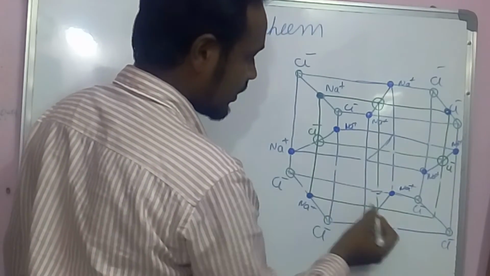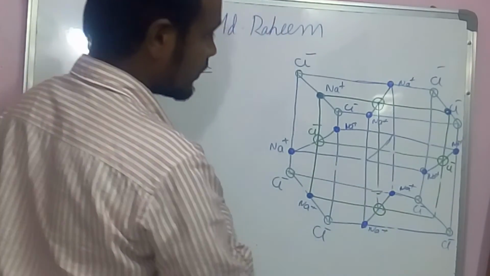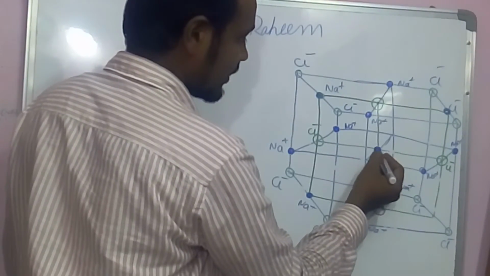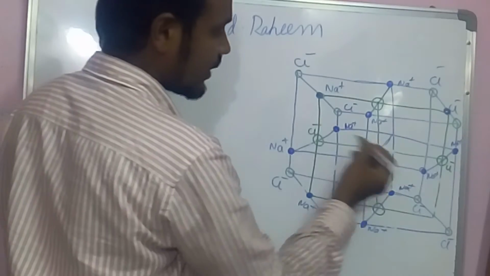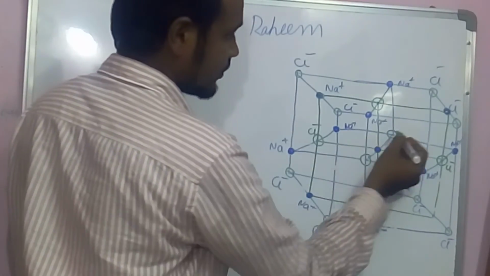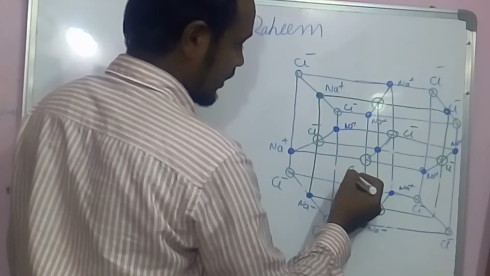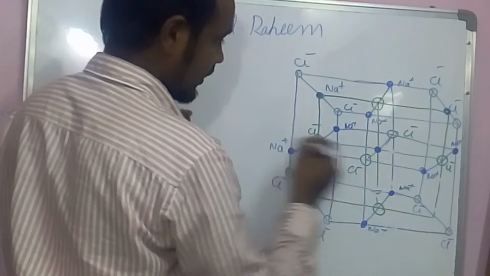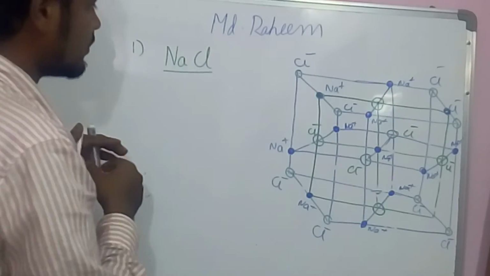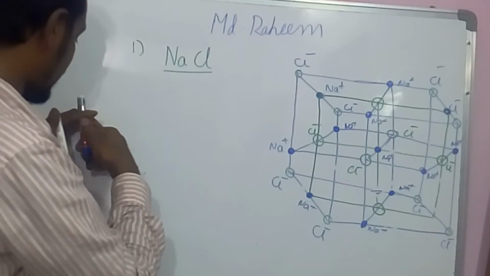In between, the empty atom is indicated, and on the opposite side we have placed the empty atoms. So Cl minus, Na plus. This is the simple structure of the NaCl crystal.